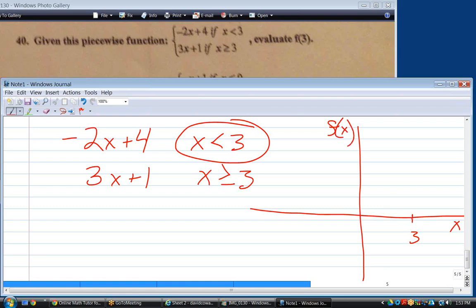Whenever I am to the left of 3, the function is going to be that. So where does that function start? It starts at 4. And what kind of slope do I have? Negative. So where do I get a second point from to draw this line? You go down 2 and over 1 to the left. Remember, I got to have a negative slope.